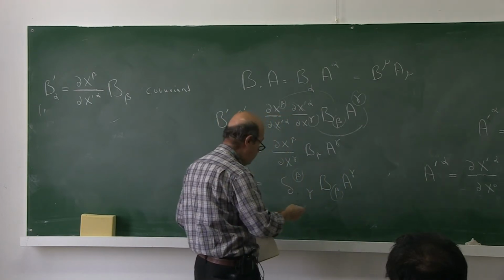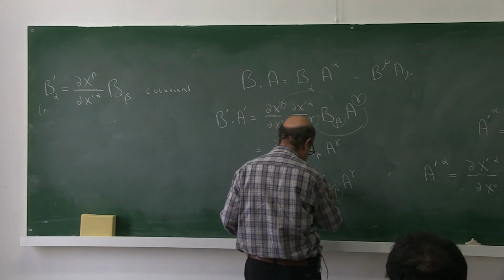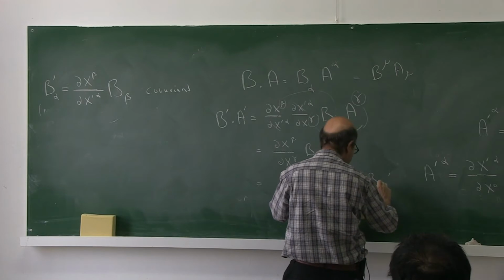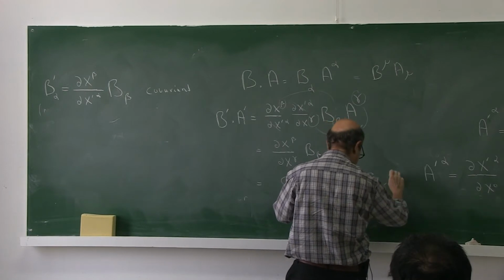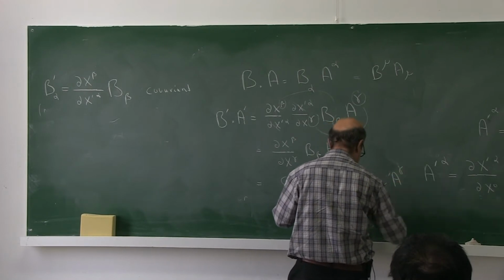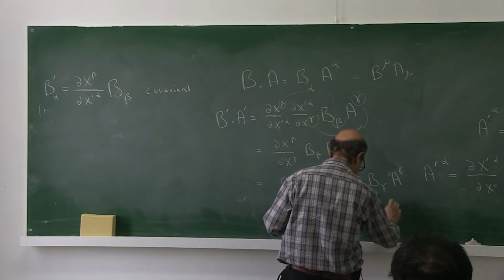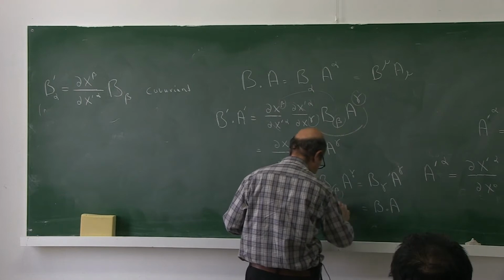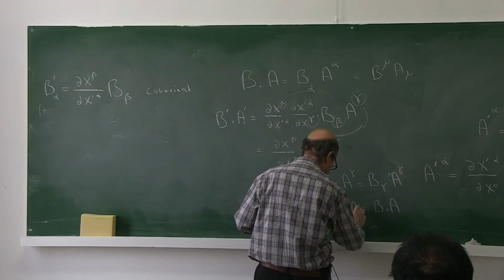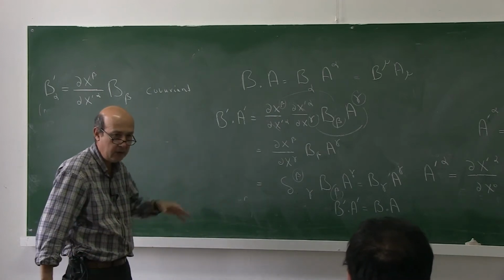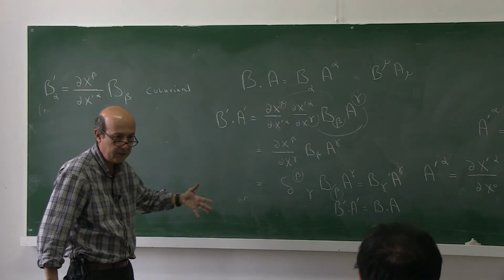If you sum up beta and beta, that turns out to be B gamma, A gamma, and that is nothing but B dot A. So B prime dot A prime, the scalar product in 4 dimensions, is the same in all coordinates. This is the mathematical presentation of this.